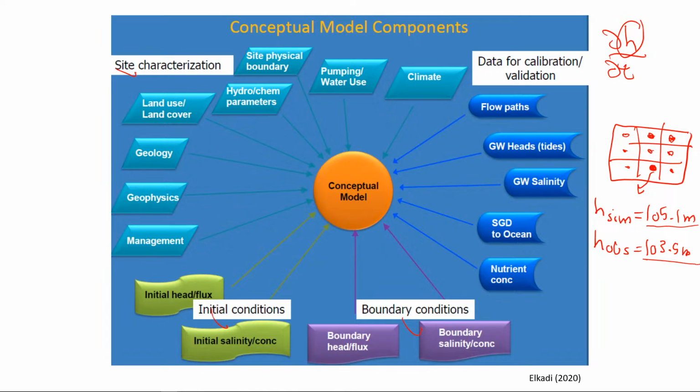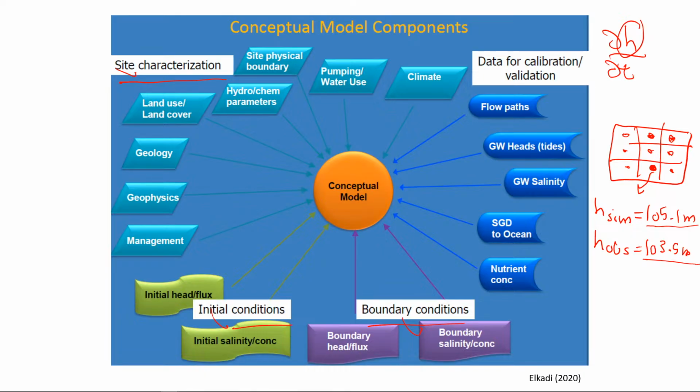You keep improving your model until what your model is simulating is consistent with what you are observing in the field. So let's say I'll update my model. Improve it by what? By changing the site characterization, my boundary condition, my initial condition. That's how I improve my model.